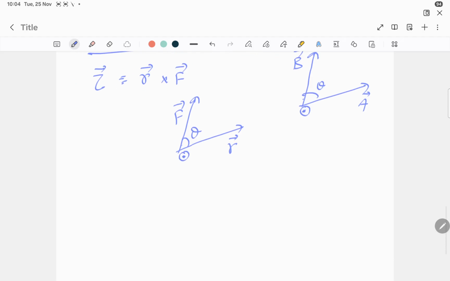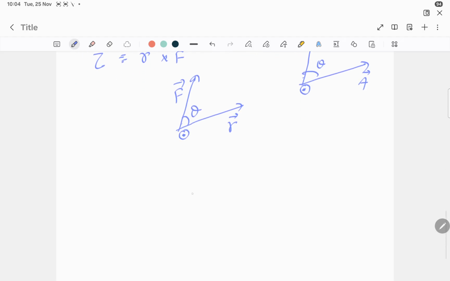Another example, if r is like this and force is like this, then r cross F, if I apply the right hand thumb rule, if you rotate r towards F through a smaller angle, then it will go into the page. So the direction of torque will be like this.